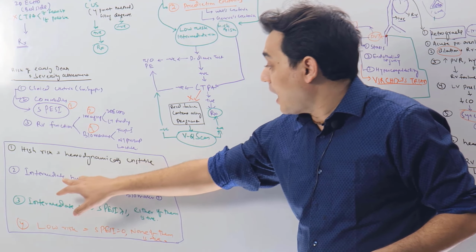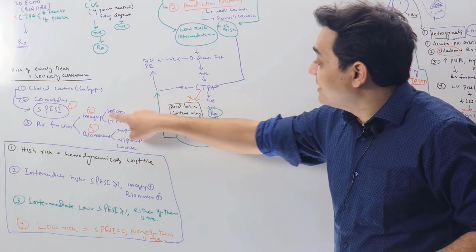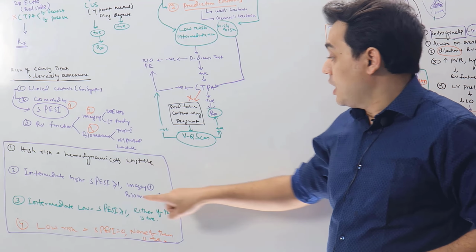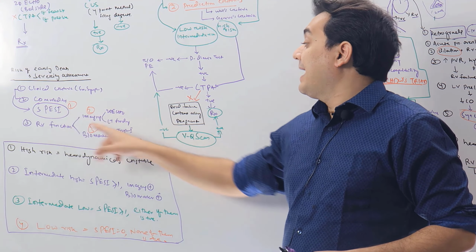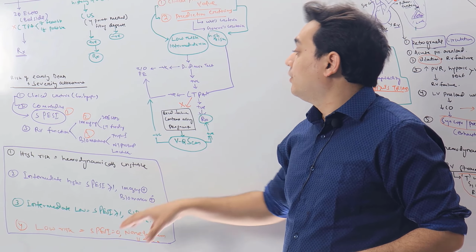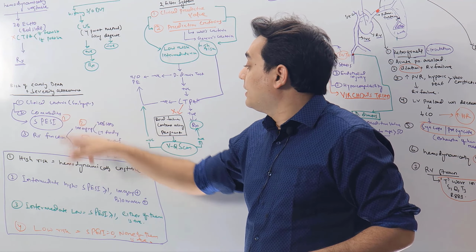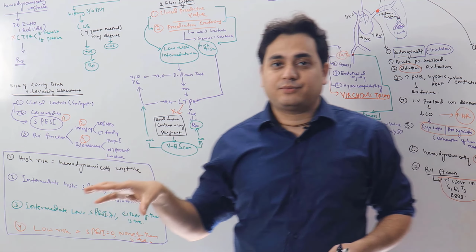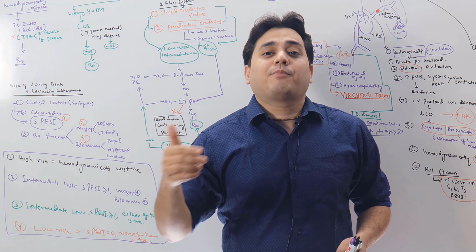Then there is the intermediate-high group: simplified PESI more than 1, and both imaging and biomarkers are positive. What is the intermediate-low group? Simplified PESI more than 1 and either of them is positive. In the lowest risk group, simplified PESI may be 0 or 1, but the RV function, imaging and biomarkers are both negative. So in this way, we approach the diagnosis of pulmonary embolism.